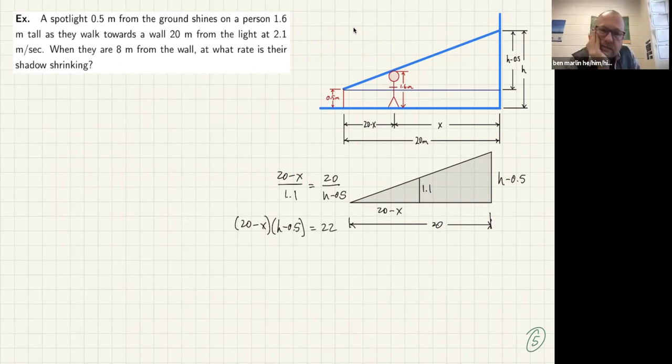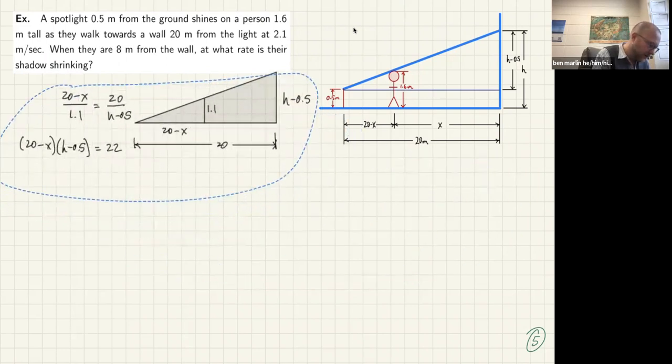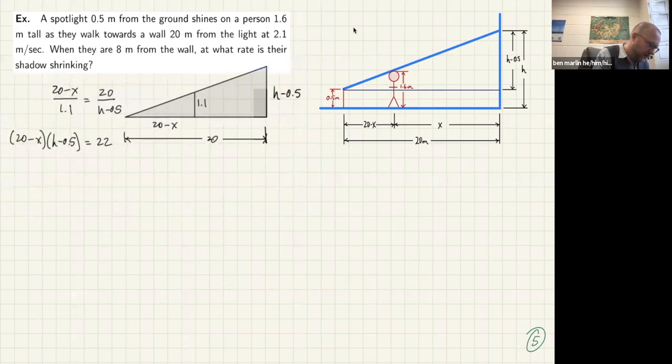Okay. So once you have that notion in hand, I'm going to move those over here from the original diagram.